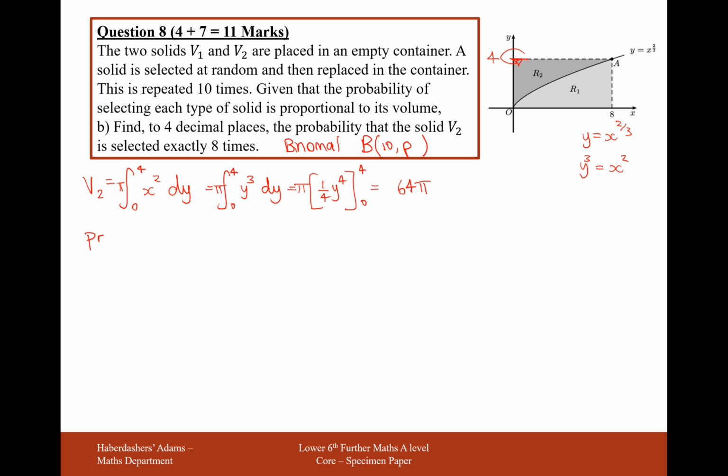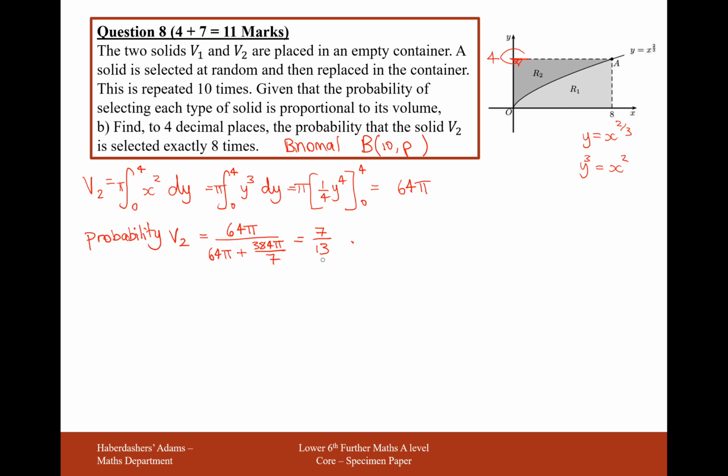So the probability of selecting V2 is going to be 64 pi over the total volume of this, which is going to be 64 pi plus the other volume, which was 384 pi over 7, and this quite nicely simplifies to 7 over 13 when you put it into a calculator.